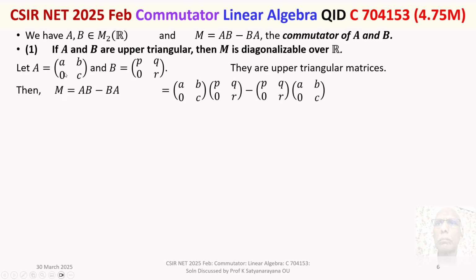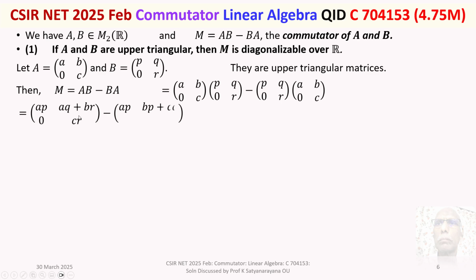we now prove the commutator of any two upper triangular matrices is again an upper triangular matrix. That's the correct statement. So M is equal to AB minus BA. Write down A, write down B, minus, write down B, write down A. Multiply.